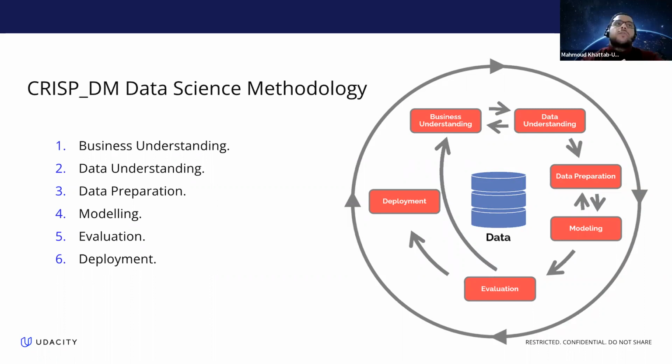Also, if you are a software engineer, you are a problem solver. If you are an artificial intelligence engineer, you are a problem solver. So the first step to solve any problem is to understand the problem, and before that, you need to understand the business that has the problem.